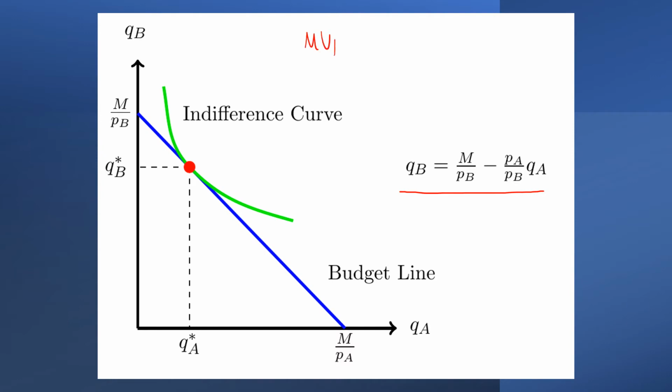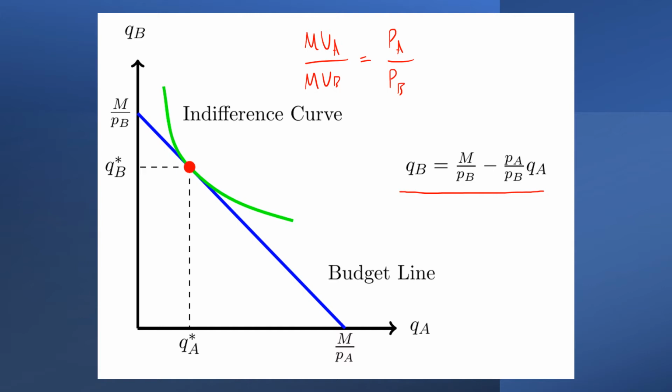And this means that the ratio of the marginal utilities is equal to the ratio of prices. Here the left-hand side is the negative of the slope of the indifference curve, and the right-hand side is the negative of the slope of the budget line.